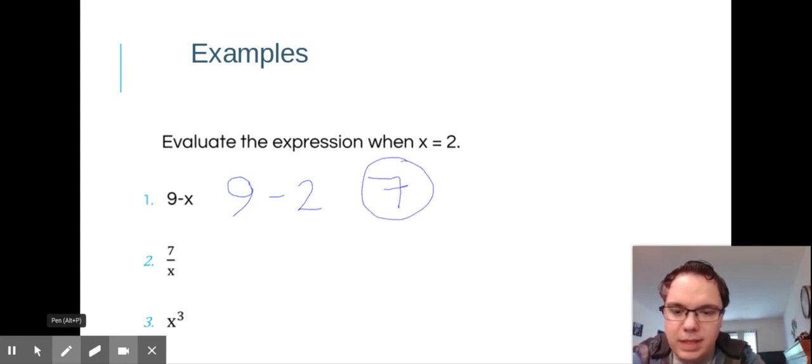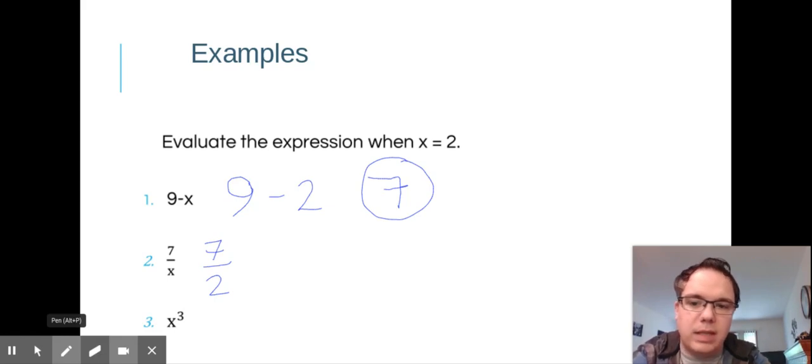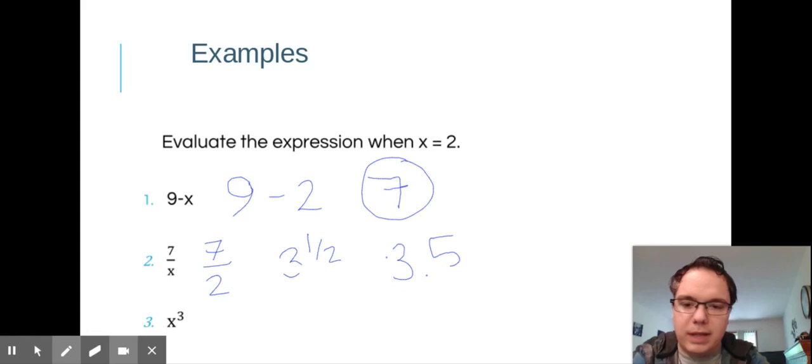If we replace the x in 7 divided by x with a 2, we have 7 divided by 2, which could be our answer because 7 halves is a fraction that's simplified, or we could make it 3.5. All of these would be correct.